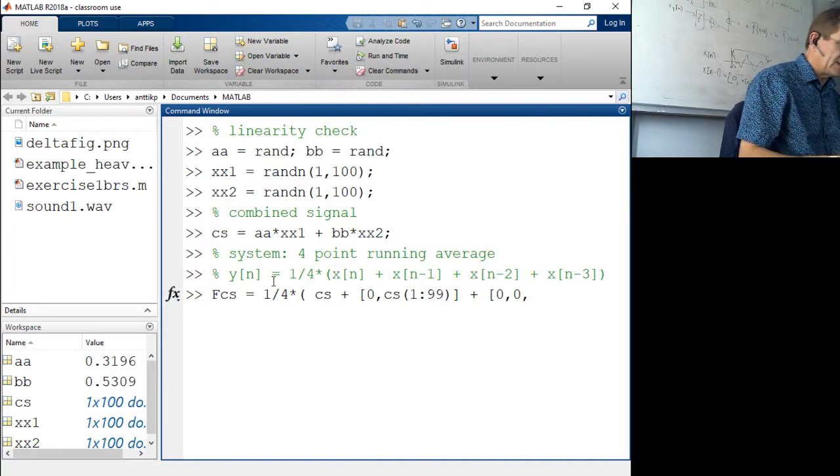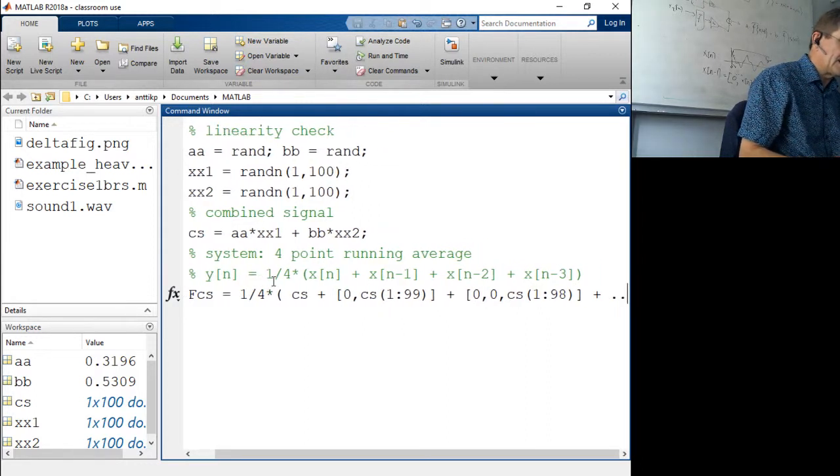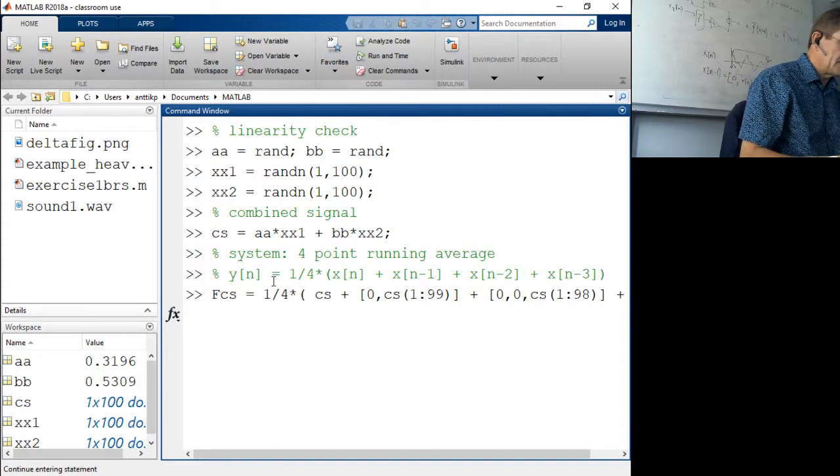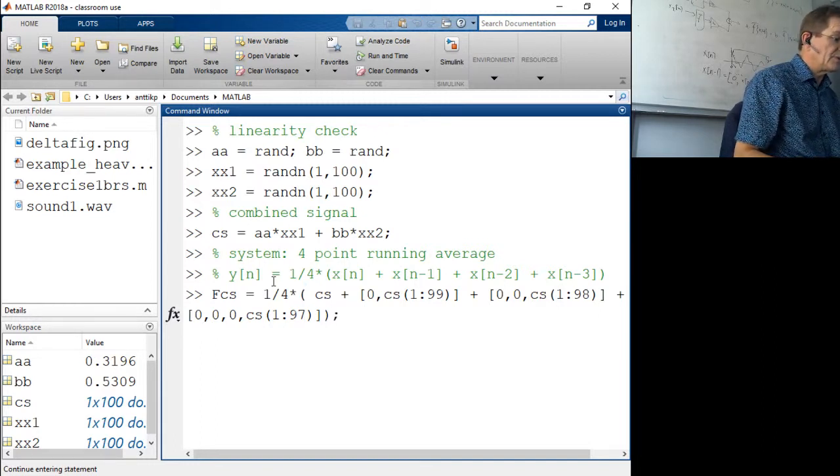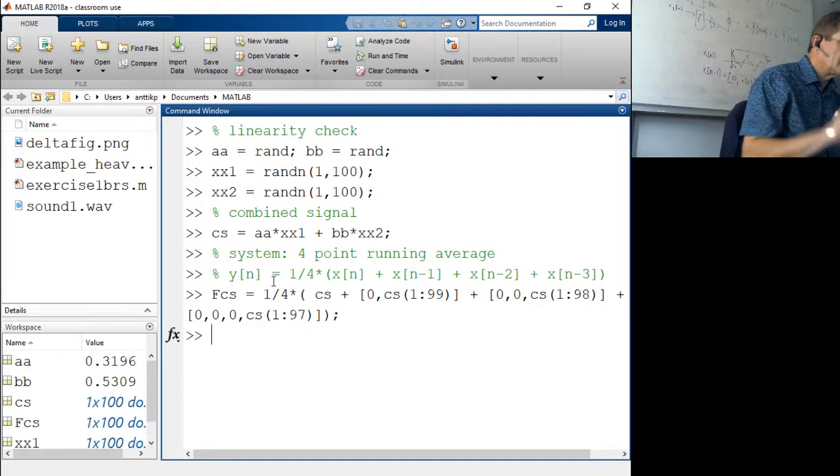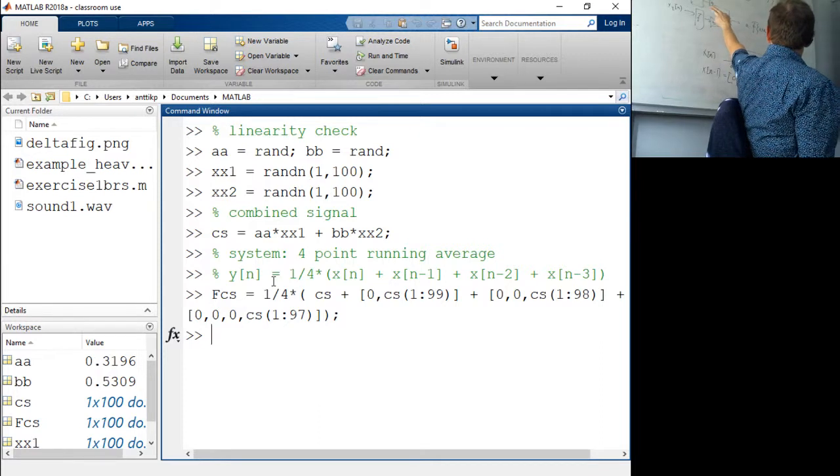A 2 time step shift is simply from element 1 to 98. And then plus, and so on, 3 points on the beginning, 1 to 97. All right. So this is the system output for combined inputs. There. Now we calculate the latter part. So I have FXX1.